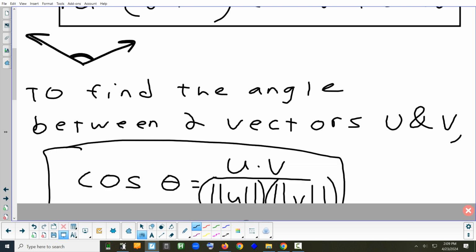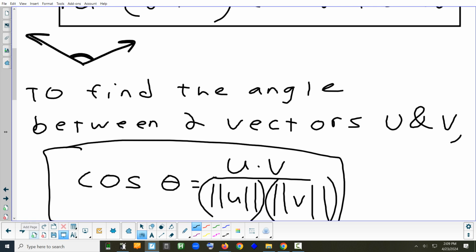The formula that we use is based on the law of cosines. Now we studied law of cosines maybe 3 or 4 academic weeks ago.